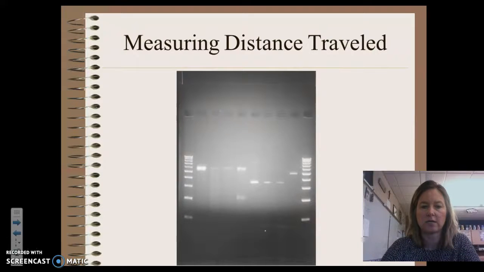What you will notice here on the side is something that is referred to as a DNA ladder, also called the control, or a standard.